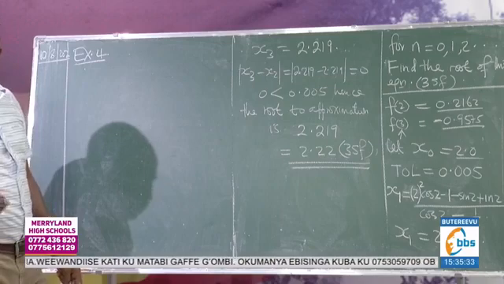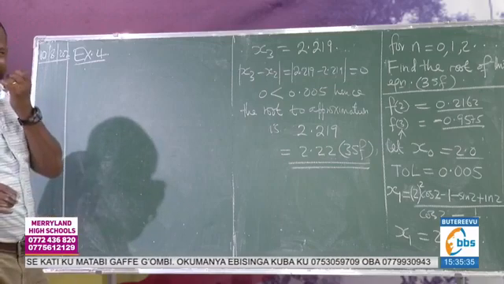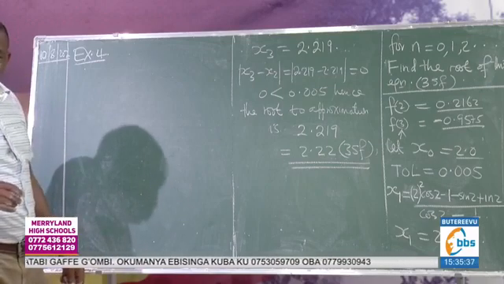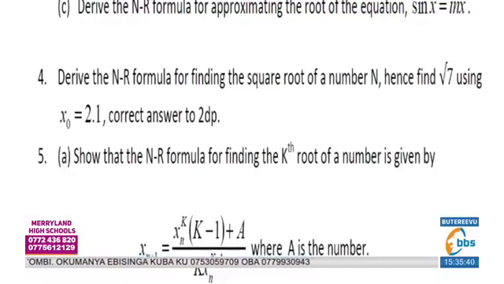They are saying we derive a Newton Raphson formula for finding the square root of a number n. To find the square root of a number, we shall let x, which is our variable, be equal to the square root of n, as stated.